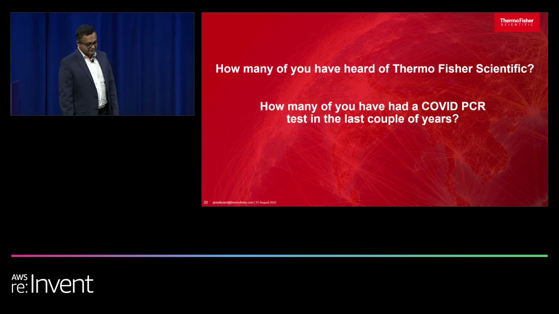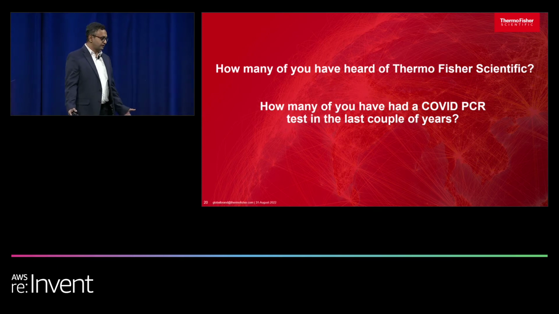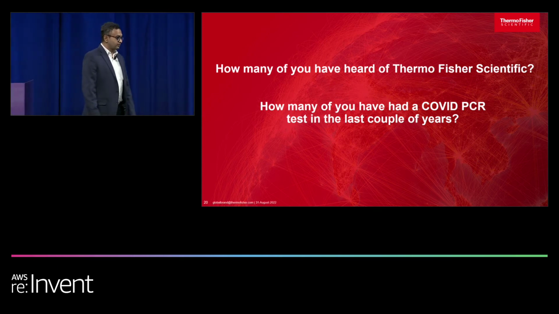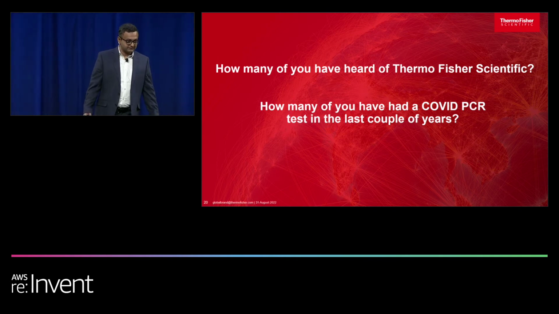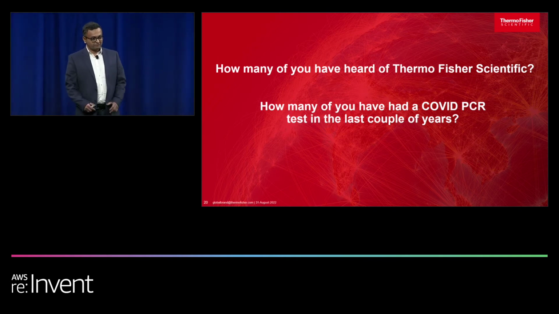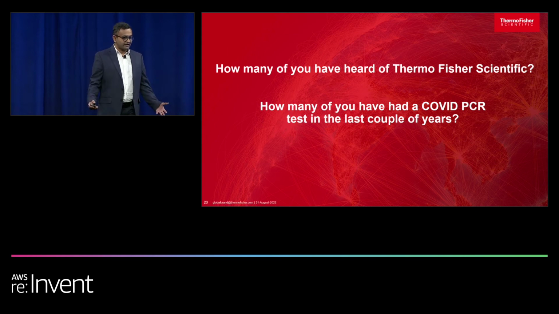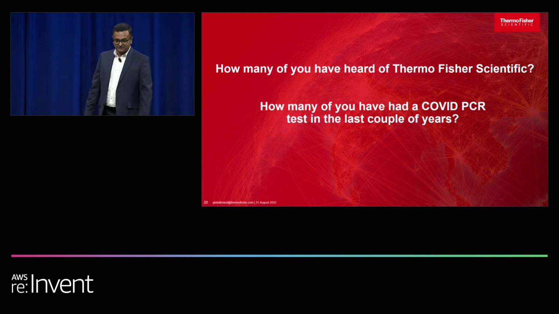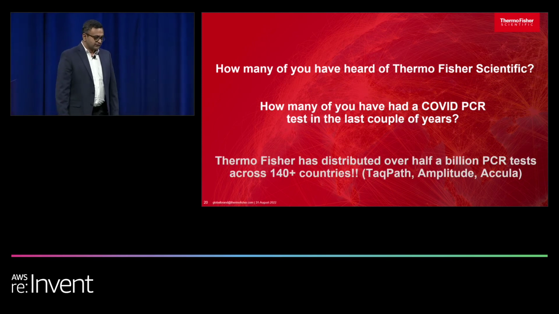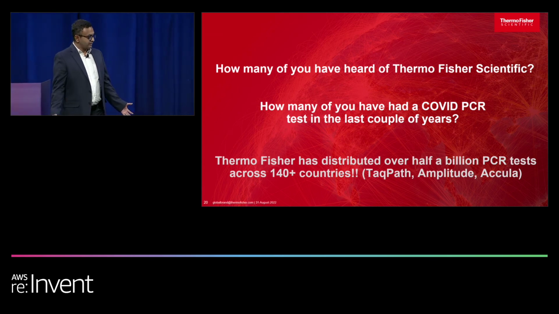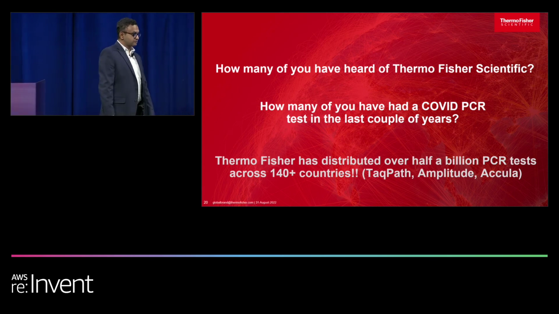So Thermo Fisher is one of the key distributors of the PCR test. We have distributed over 140 billion tests into 140 plus countries. And that's just one of the key facts on the overall spectrum of life sciences business where Thermo Fisher operates. In terms of the numbers, it's a $40 billion revenue company with 100,000 plus colleagues.